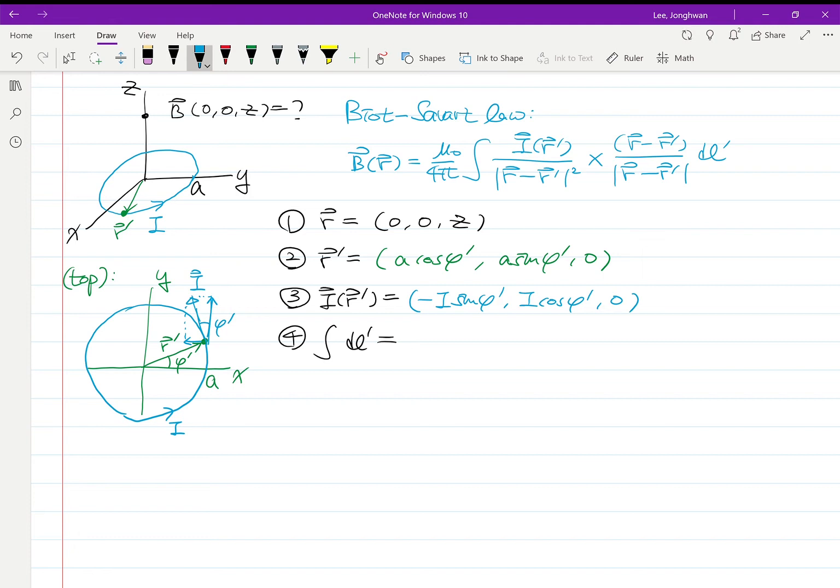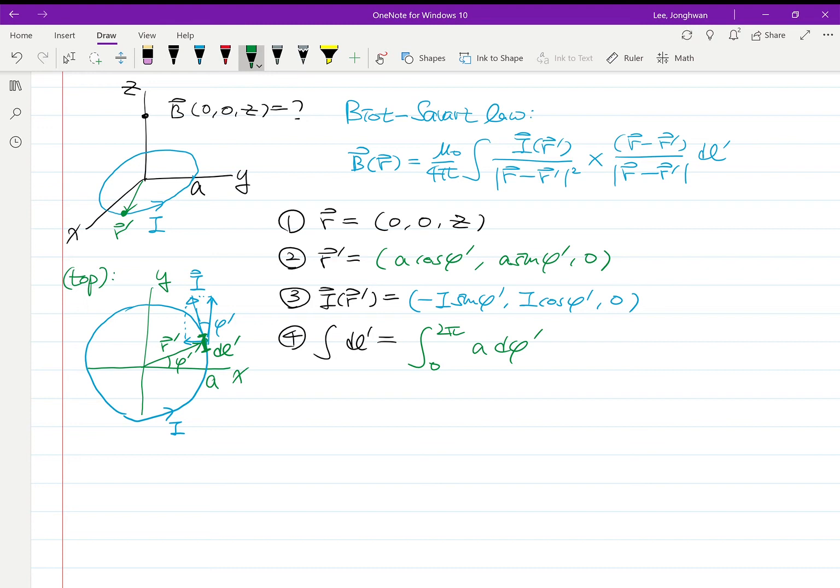And we need to do the line integral, and the line integral will be done along the blue curve. In the cylindrical coordinate system, it becomes a times d phi prime, because the small line element here, dl prime, will be longer when we have a large radius a.